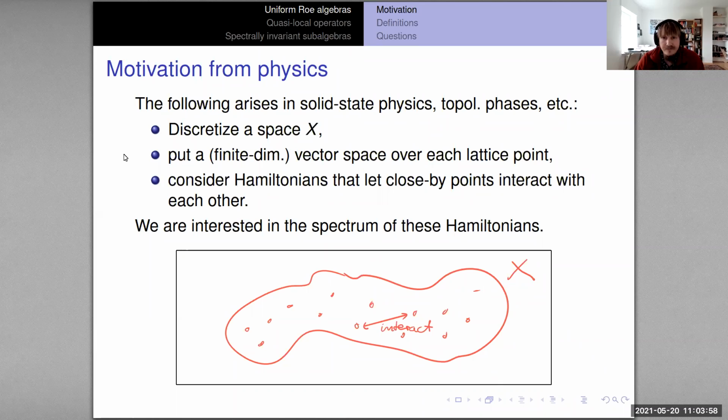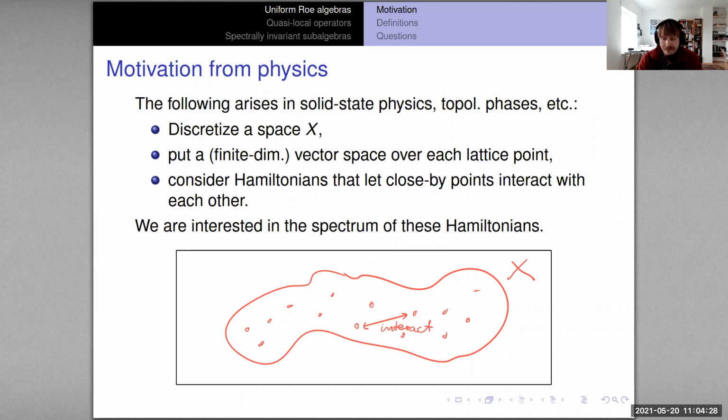And so usually we are interested in the spectrum of these Hamiltonians or in its resolvent and so on. And one feature that these Hamiltonians usually have is that only particles at finite range can interact with each other. So in the sense that there's a bound on the range between the particles which interact with each other.